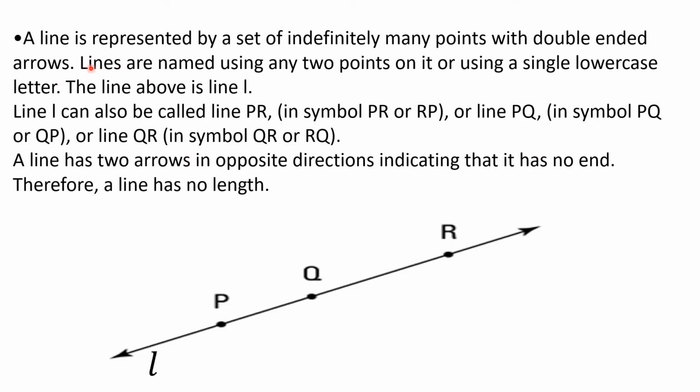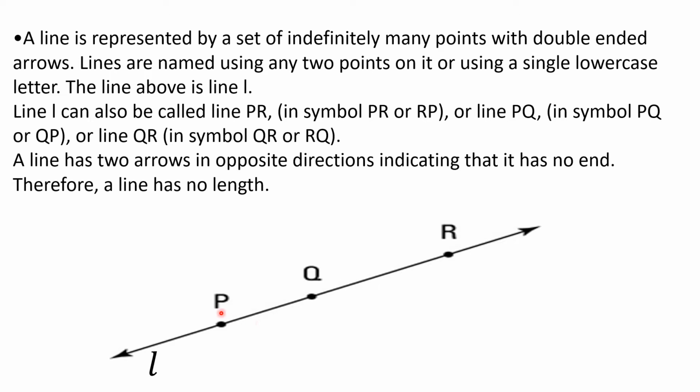Okay, next term. We have here a line, which is represented by a set of indefinitely many points with double-ended arrows. Lines are named using any 2 points or using a single lowercase letter. The line above or the line below is what we call line L. Line L can also be line PR or line PQ.